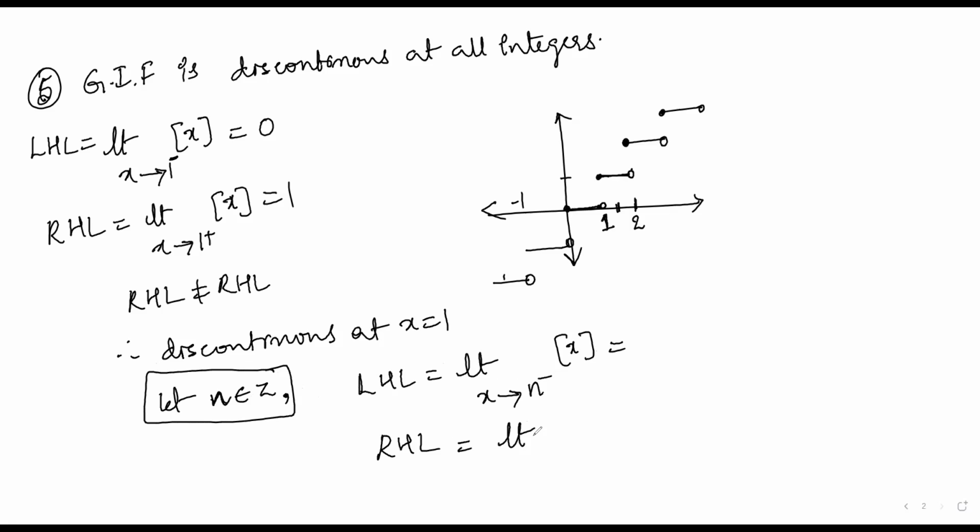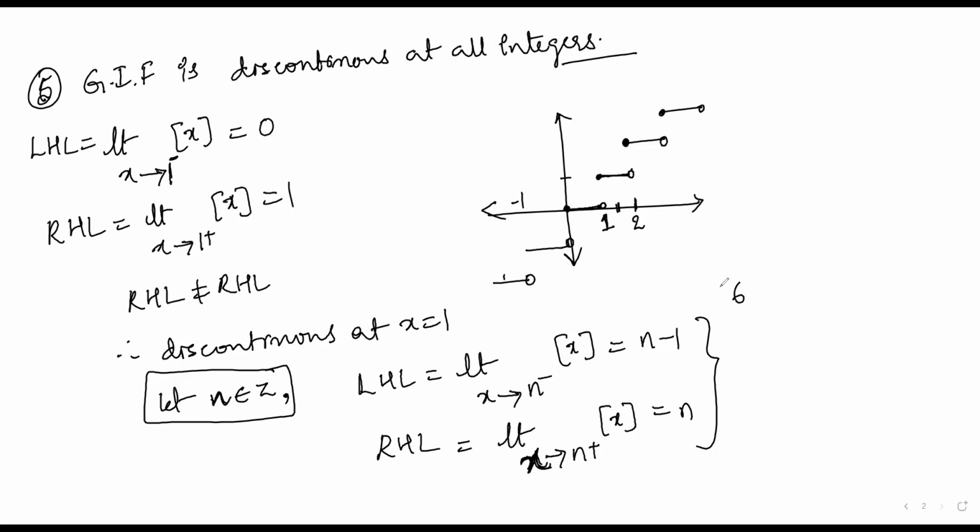It'll be n minus 1. The right hand limit, limit x tends to n plus of the integral part of x, is n. Now you can take any integer. So the left hand limit is not equal to the right hand limit, therefore it is discontinuous at all integers. You need to remember this one.